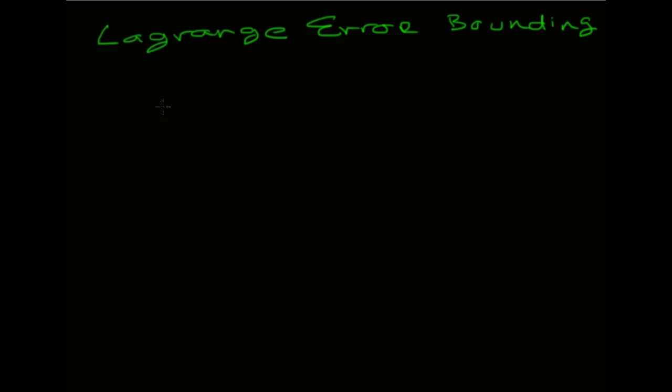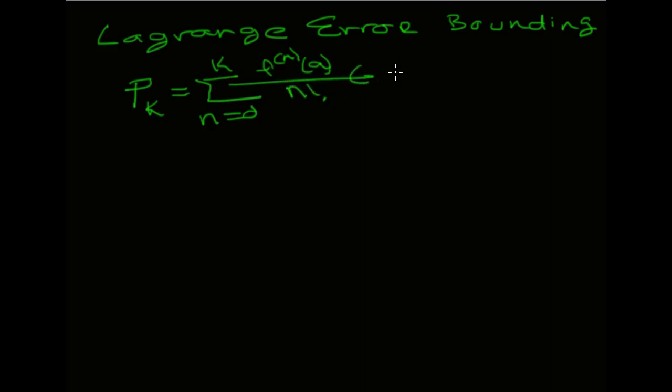Okay, so we're going to say I have the kth partial sum of the Taylor series. So this is going to go from n equals 0 to k of the nth derivative at a over n factorial times x minus a to the nth.